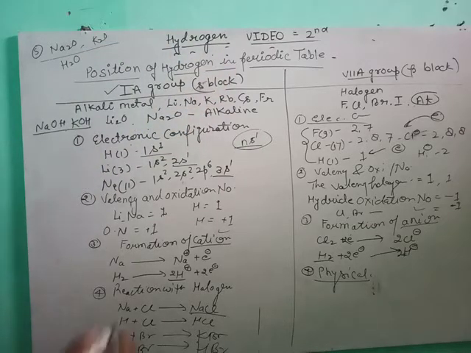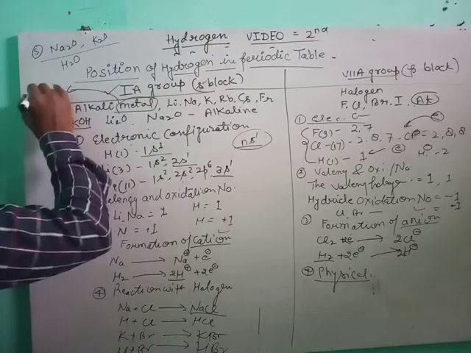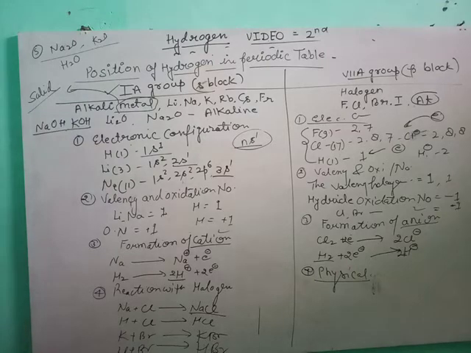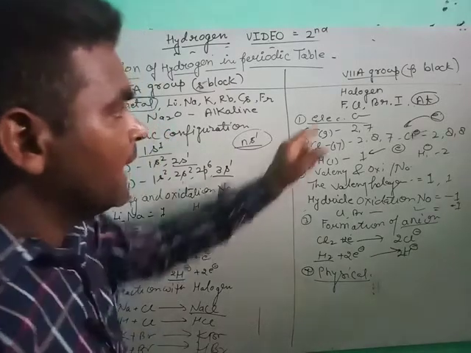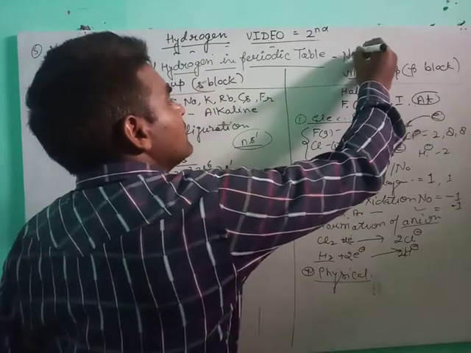These are metals, and metals are solid, except mercury. Metals are solid in state. And here halogens are non-metals.